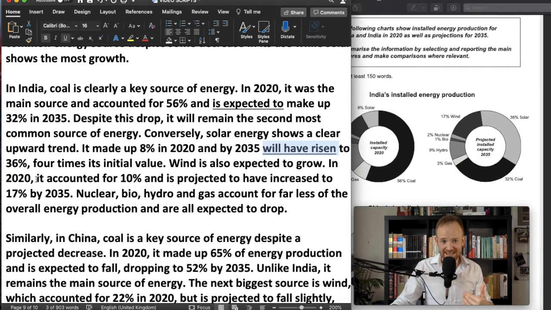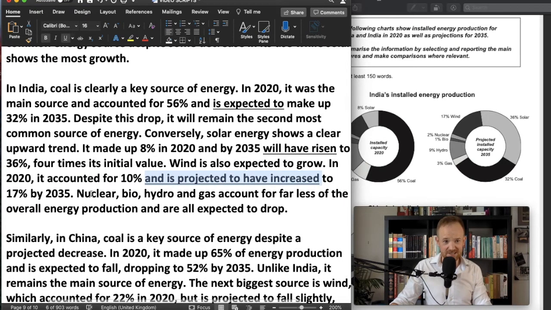In 2020, it accounted for 10% and is projected to have increased. So one thing you've got in this paragraph, 3 different ways already of expressing the future. They all look a little bit different. We're really using that future perfect tense here to really get our scores higher. It is projected to have increased to 17 by 2035.